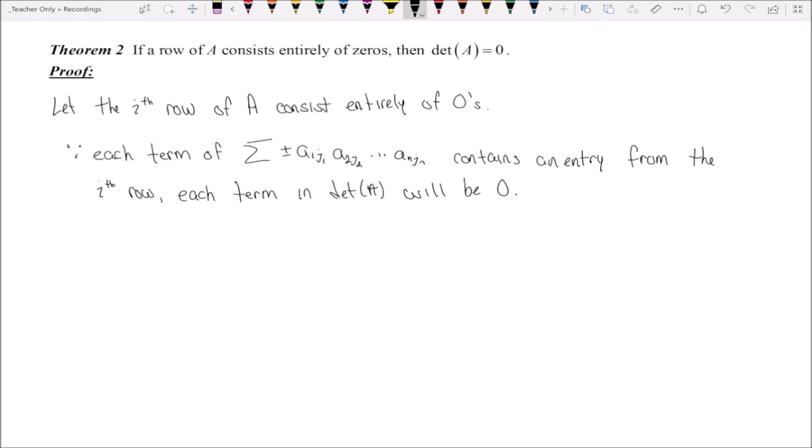So you're multiplying a bunch of numbers. Somewhere in there is going to be a times 0, so the whole thing goes to 0. So what we're doing is just summing a bunch of zeros. So therefore, the determinant of A is equal to 0. And that will conclude this video on an introduction to the determinant.